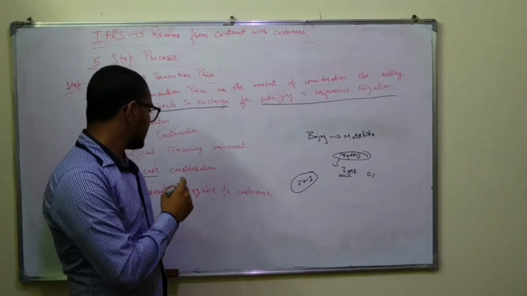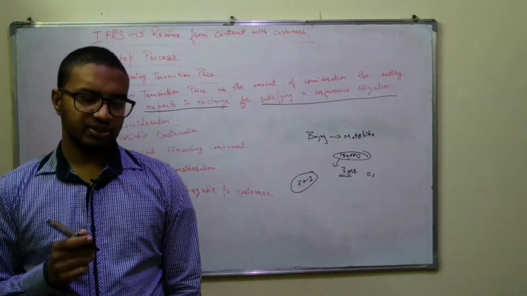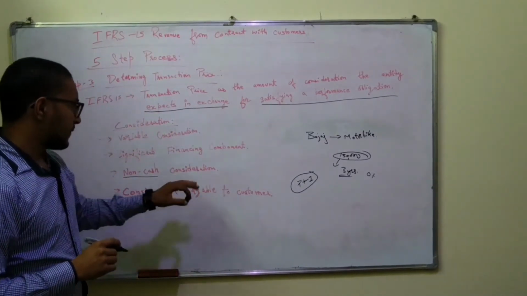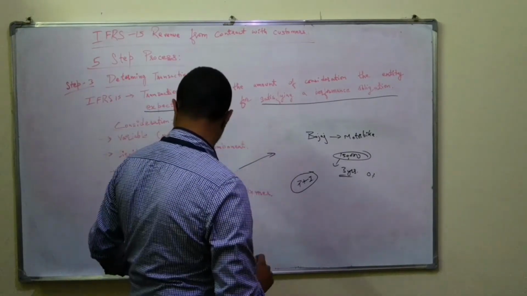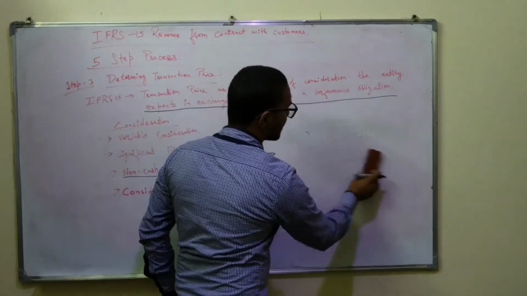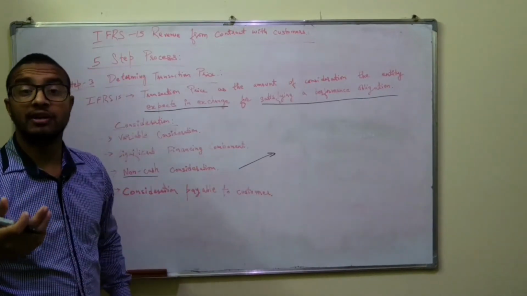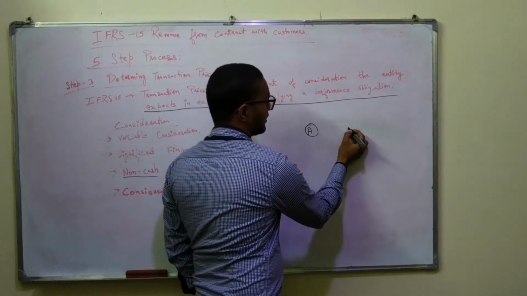When you are doing this non-cash consideration, sometimes you can't determine the fair value. Suppose the company is an unquoted company. Suppose A is an entity and B is an entity.